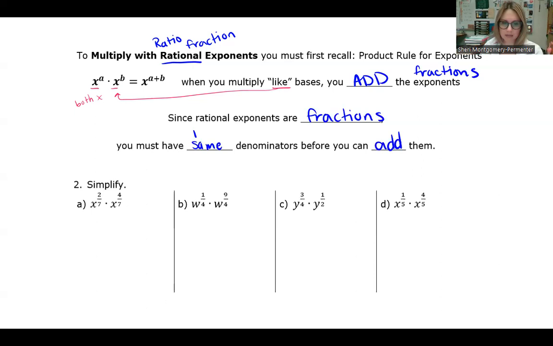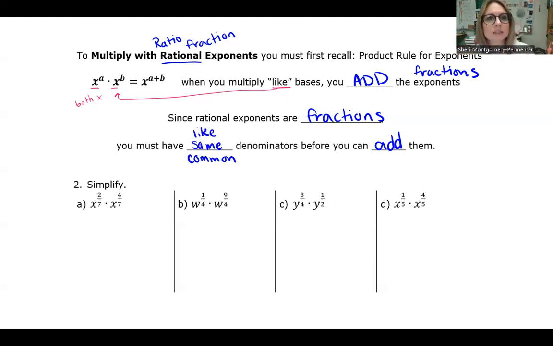They have to be the same. You cannot add fractions unless you have the same denominator. When they are the same denominator, fine. You just add them together.